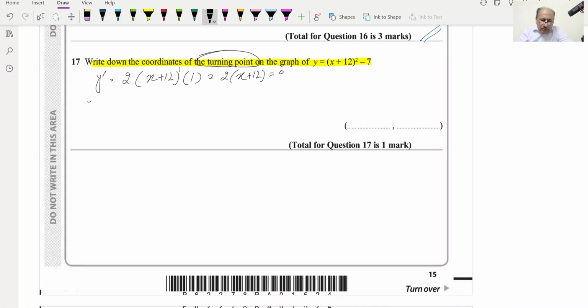So 2 is not equal to 0. This implies x plus 12 is equal to 0, so x will be equal to minus 12.